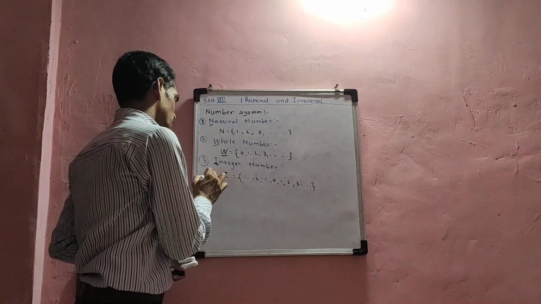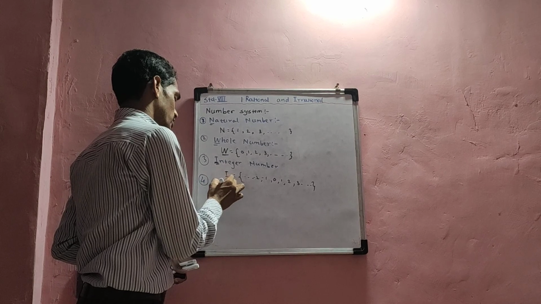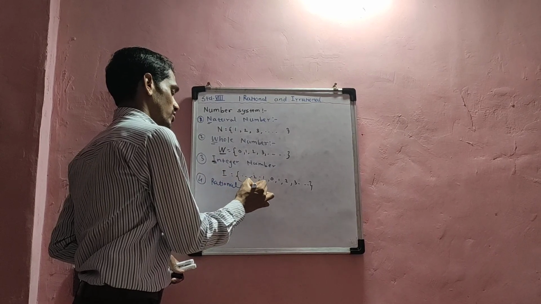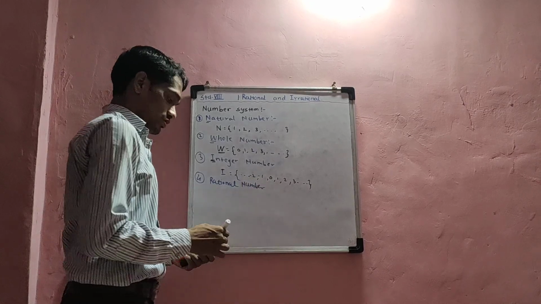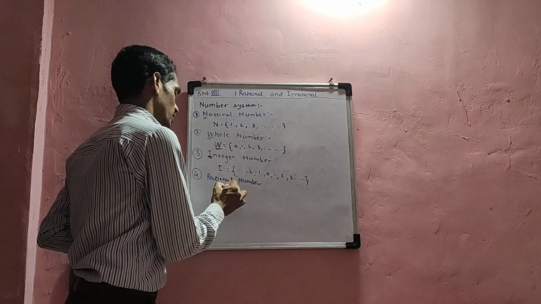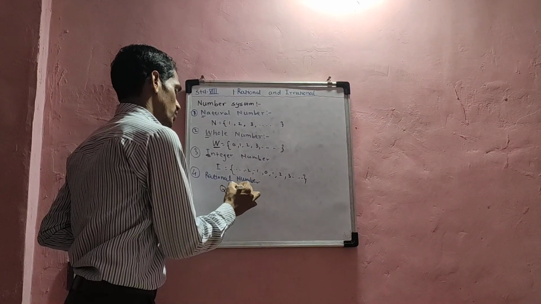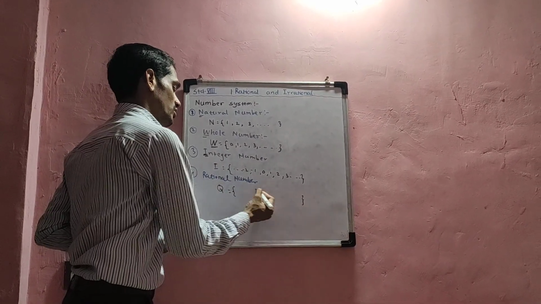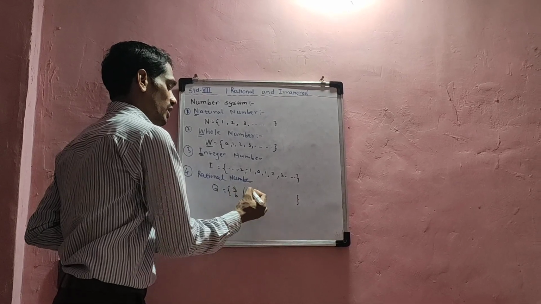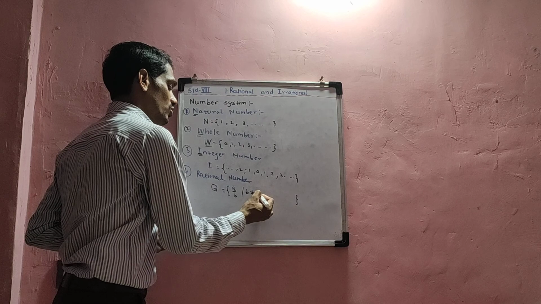And the fourth one is the rational number. A rational number is represented by the capital letter Q. Rational numbers are numbers of the form A upon B such that B should be non-zero.